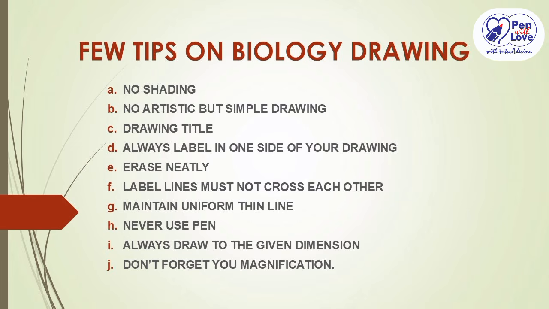Do not label scattered, label one side. Erase neatly. When you make a mistake, try as much as you can to erase neatly. Label lines must not cross each other. Make sure your label lines are separated and parallel. Maintain a uniform thin line. Don't draw with a thick, shaded or broken line.